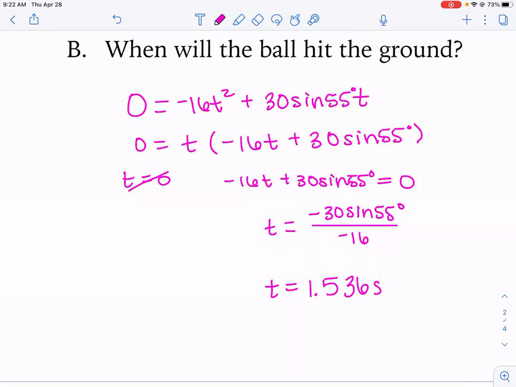So press second... Did we get this? Make sure you close the parentheses for sine of 55 before you divide by the 16. Did you get it? Okay.